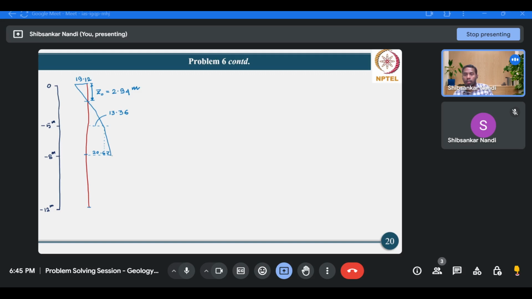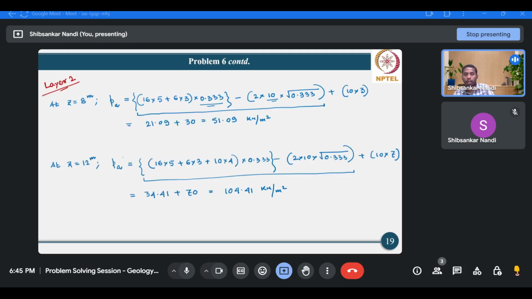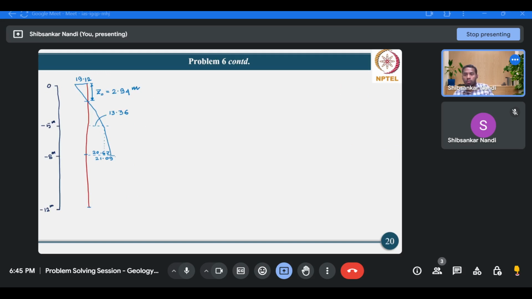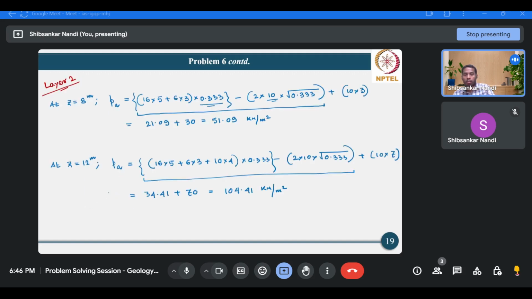Okay, then there will be a slight increase. This is now 21.09 in layer 2. This is excluding the water component. Okay, so the water pressure part, we will draw separately. And this component is your 34.4.